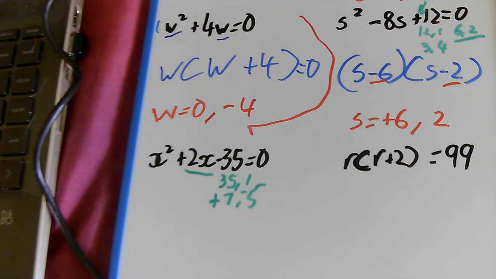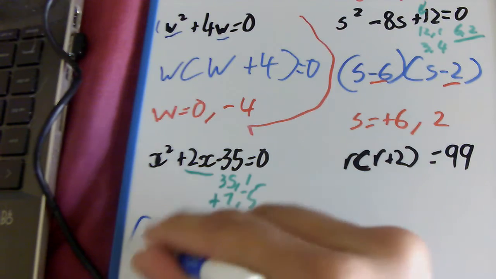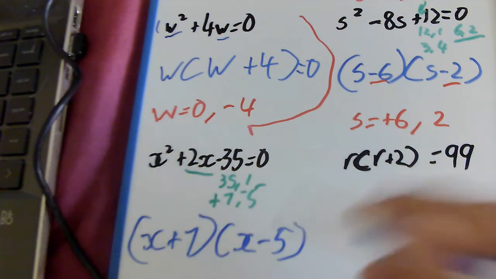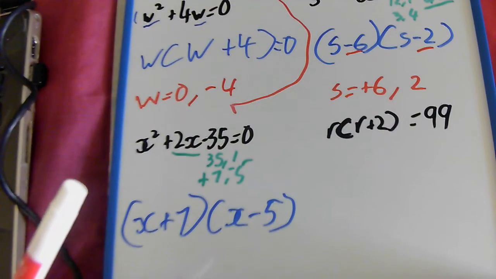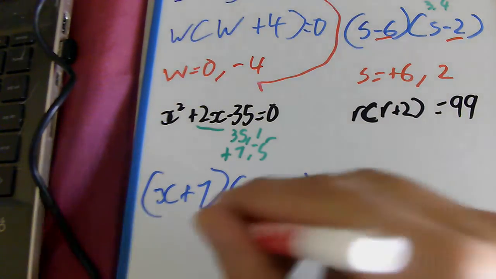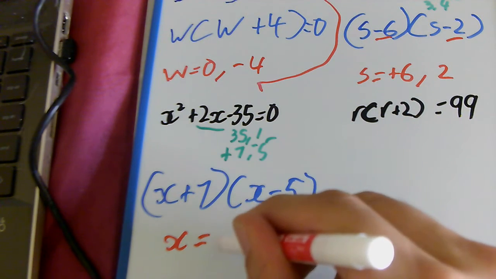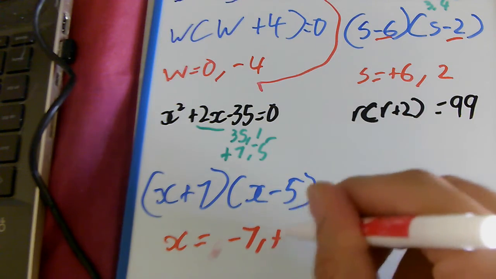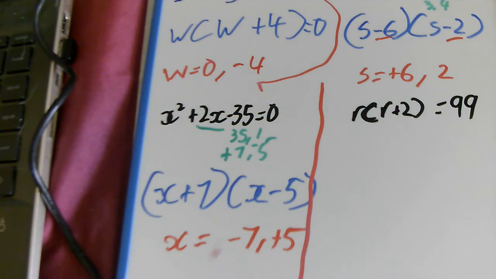So that's what I'll end up getting: x plus 7, x minus 5. And we'll move this up a little bit. And then obviously the opposite of those will get us our answer. Minus 7, positive 5. And put a little line there.